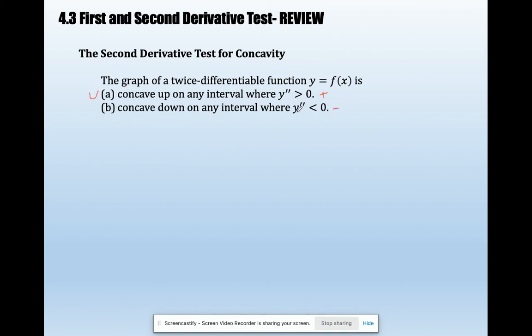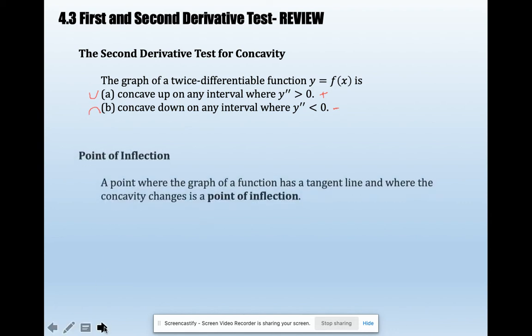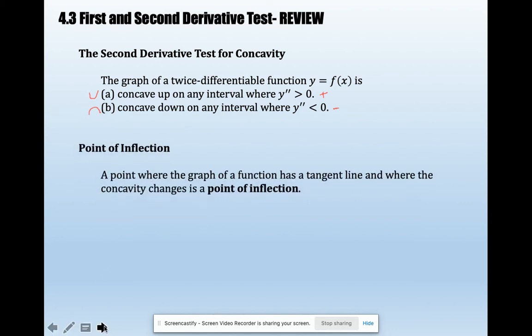Where the second derivative is negative, no soup for you. If a graph has a horizontal tangent line and you change concavity, there is a point of inflection.